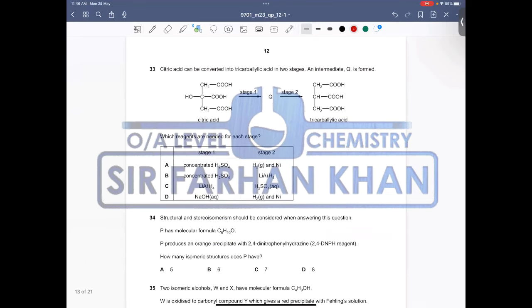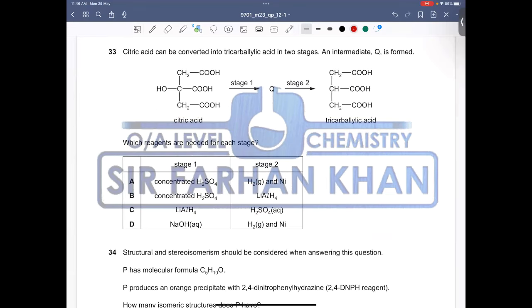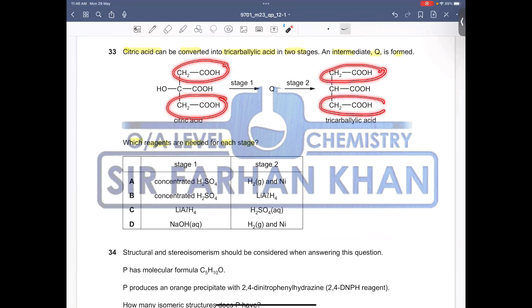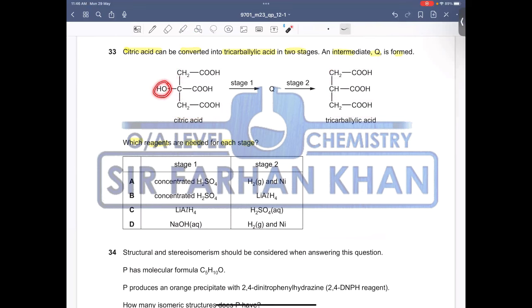Question 33. Citric acid can be converted into tricarboxylic acid in 2 stages, and an intermediate Q is formed. Which reagents are needed for each stage? Now guys, look, this part of the structure and this part of the structure are still the same. The only change is that this OH is removed from here, and the second change is you will find H here.